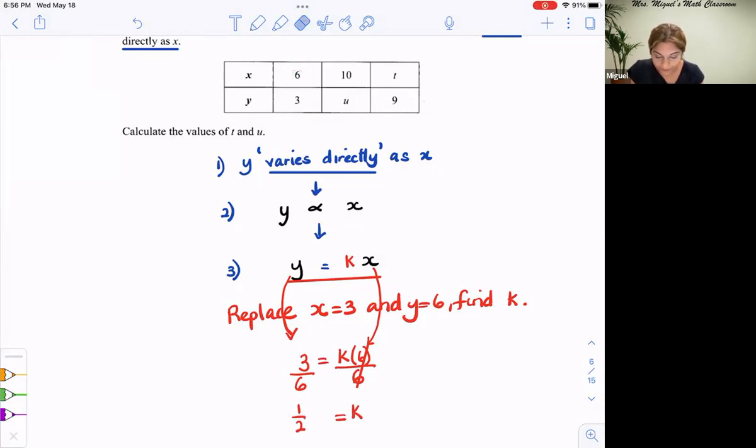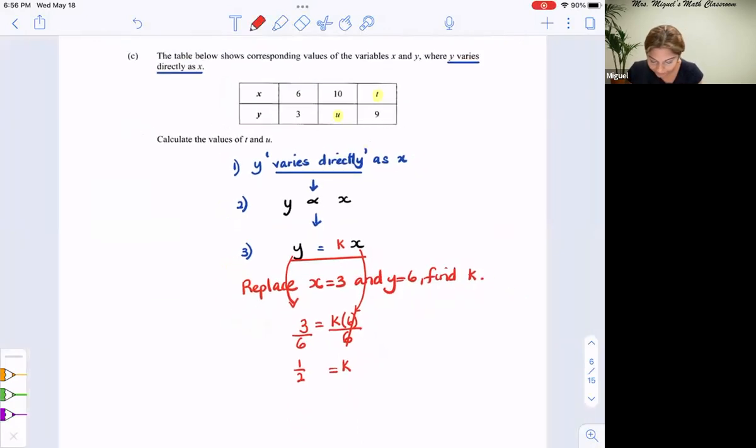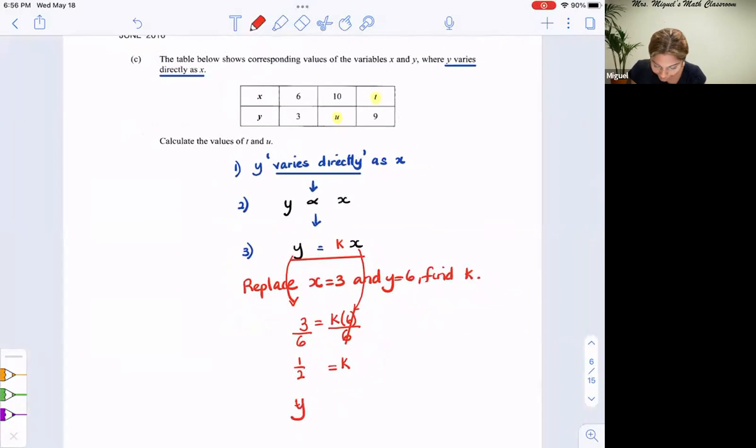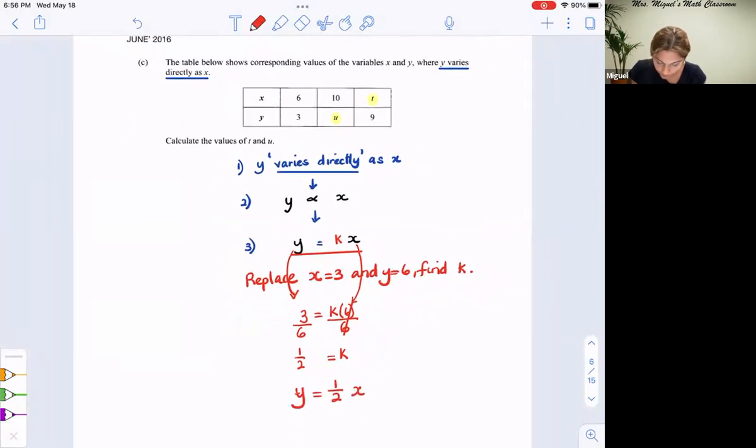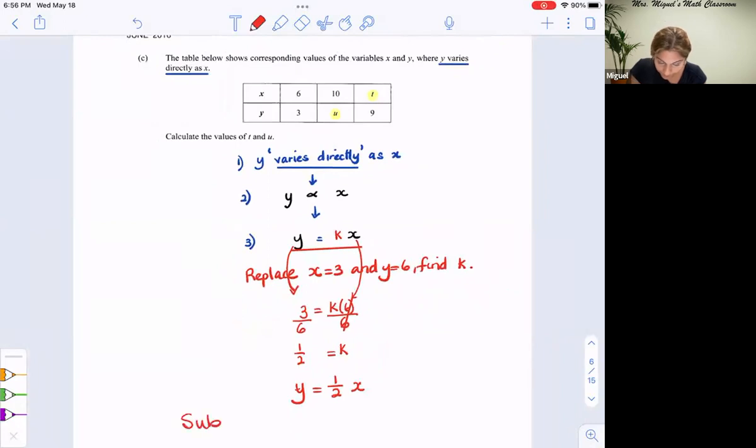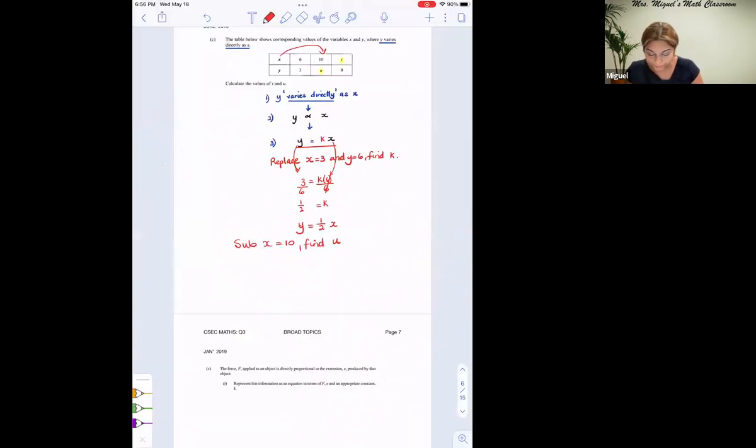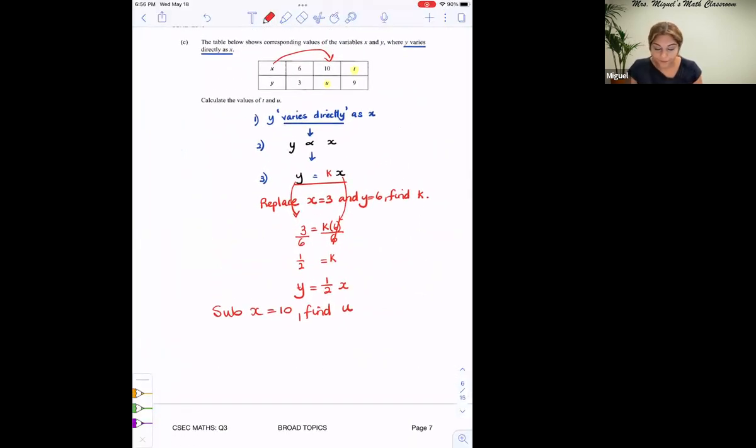But the question asks us to find u and t. So now I have the equation y equal to half x. So substitute x as 10 and find u. Go ahead. Substitute x as 10 and find u. So here we have an x value, which is 10.